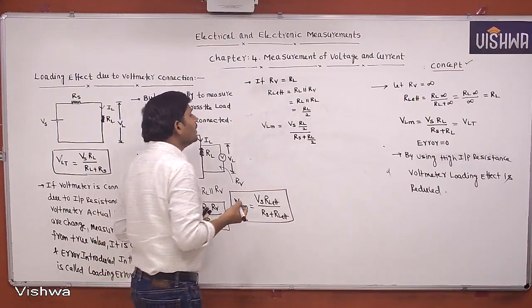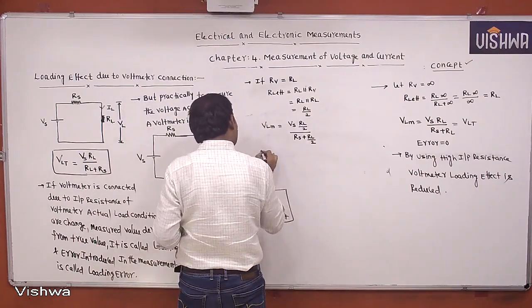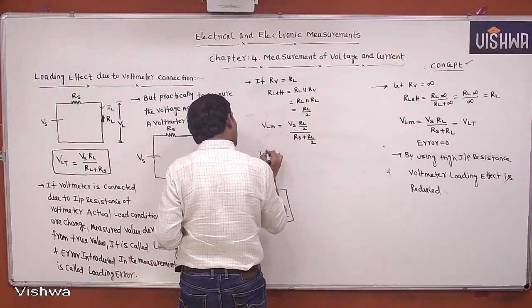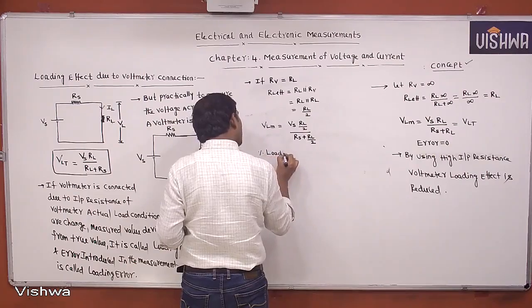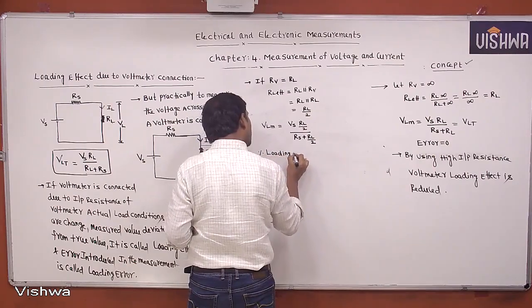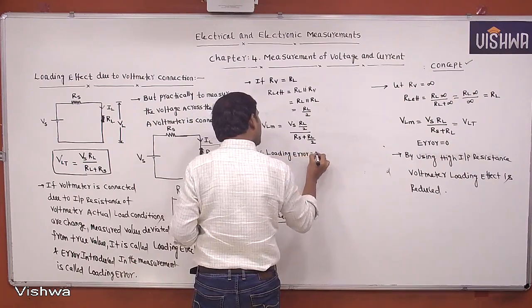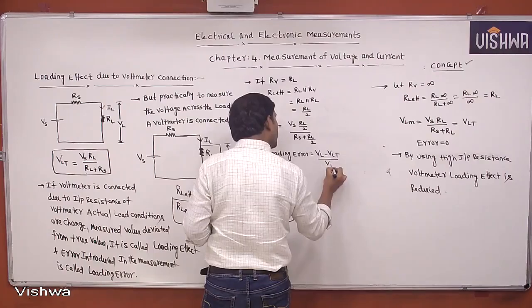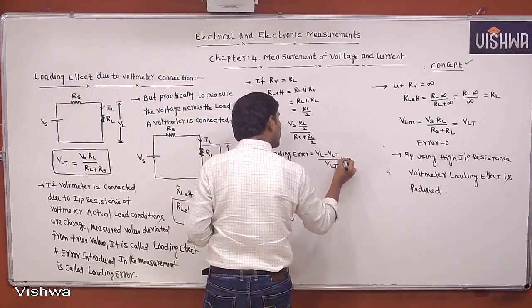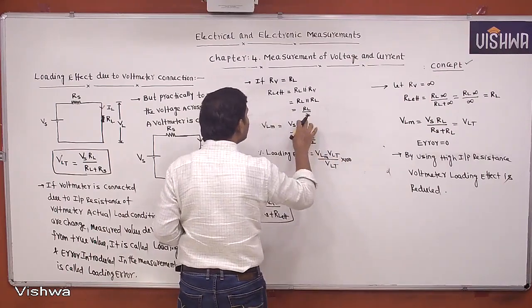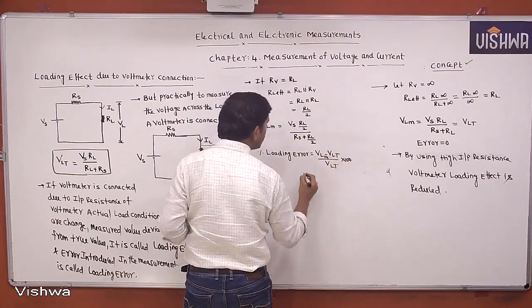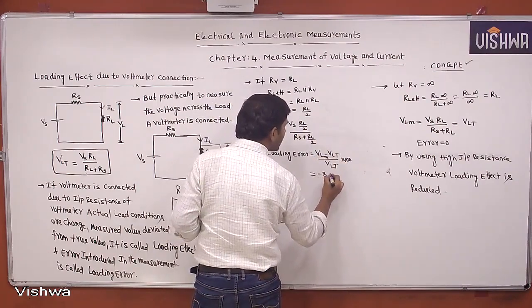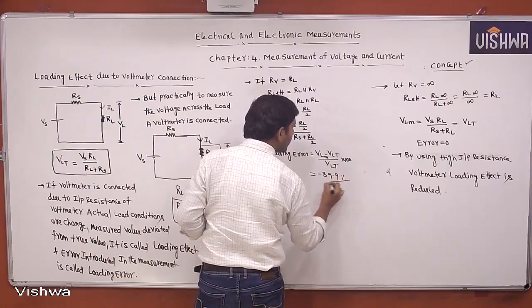Okay. Then what percentage error can you get? Percentage loading error equal to (VL measured minus VL true) by VL true into 100. You know VL measured, you know VL true, you substitute here, and we can get minus 39.9%.